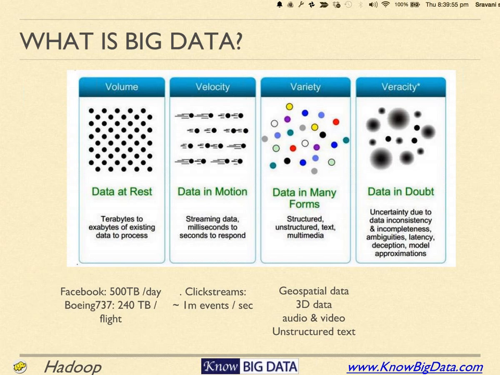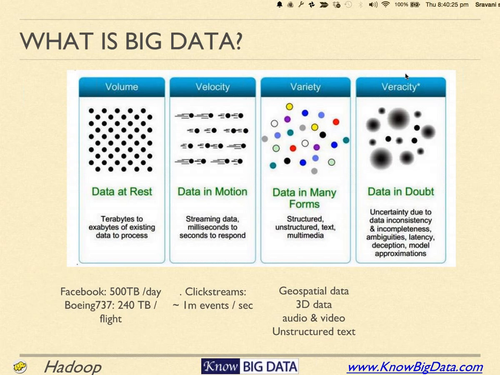Now, if your data has got a velocity, velocity can be the way right now I'm delivering this session, and the video from my side is being uploaded onto the server and then distributed to around 100 people. And this is happening at a very fast pace. So that is velocity, meaning there's a lot of data movement at a very fast pace.